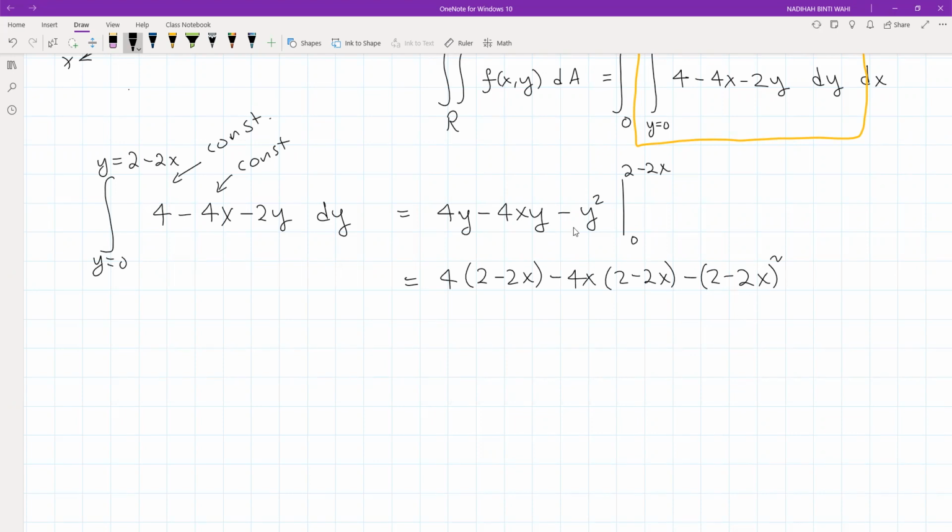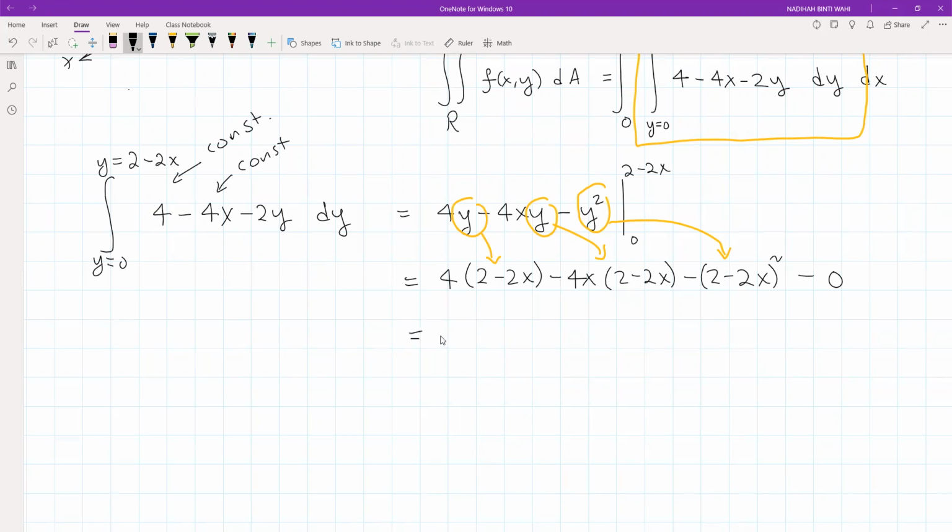Okay, so we just plug in y. This is y over there, then y squared. There's no question about that. And then minus 0, because everything is multiplied by y. Y is 0, so it is minus 0.